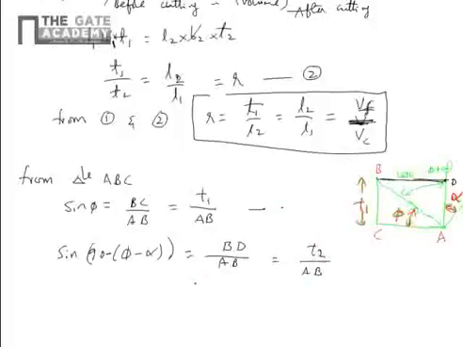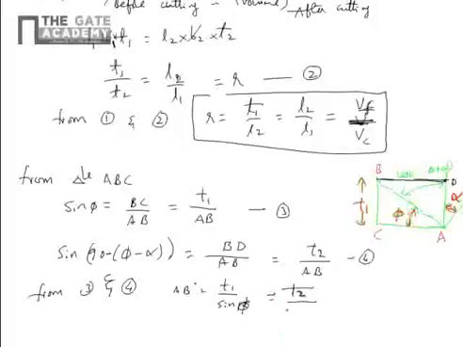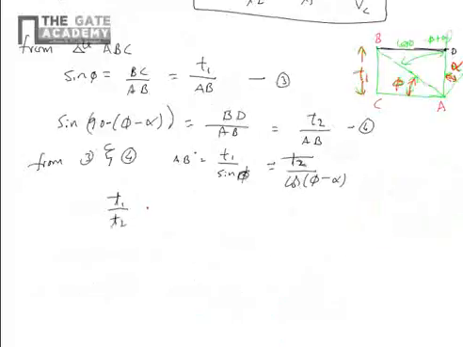So from equations 3 and 4, AB equal to T1 by sin phi, equal to T2 by cos of phi minus alpha. So T1 by T2 equal to R equal to sin phi by cos of phi minus alpha.